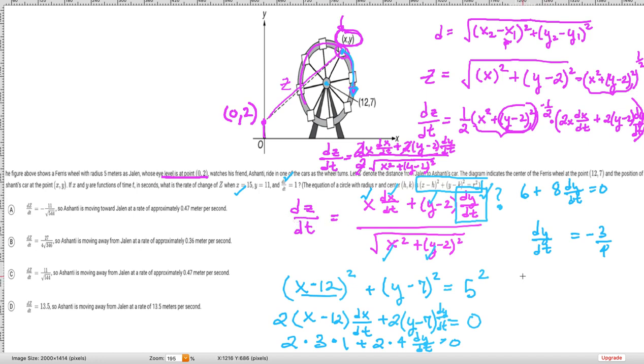Take your time with the computation. A calculator is allowed on this question. And when you use the calculator, what you'll get is approximately a positive value of 0.47.